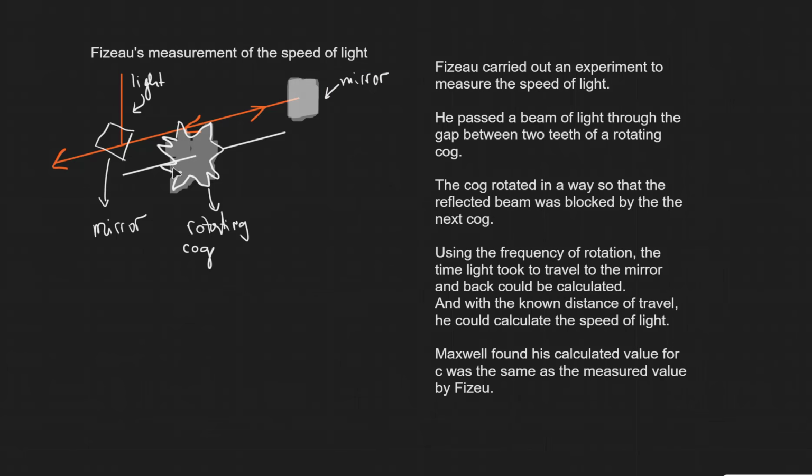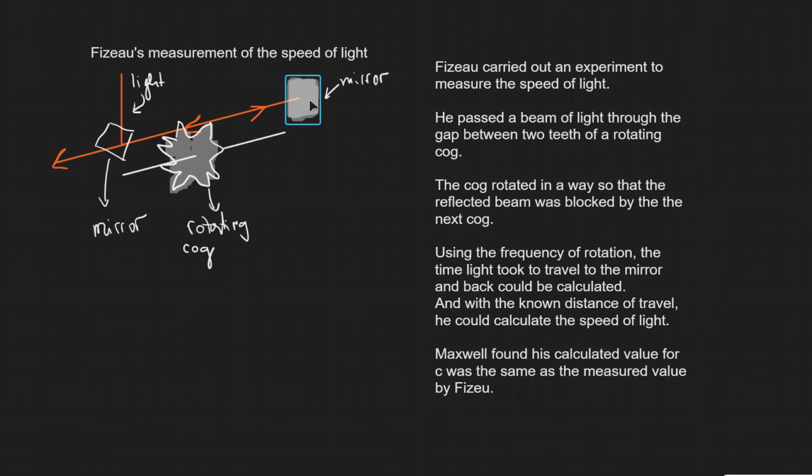So he carried out this particular experiment to try and measure the speed of light. There's a light beam right over here that strikes this mirror. The light beam is reflected, and then it passes through the gap of a rotating cog right between those two teeth.